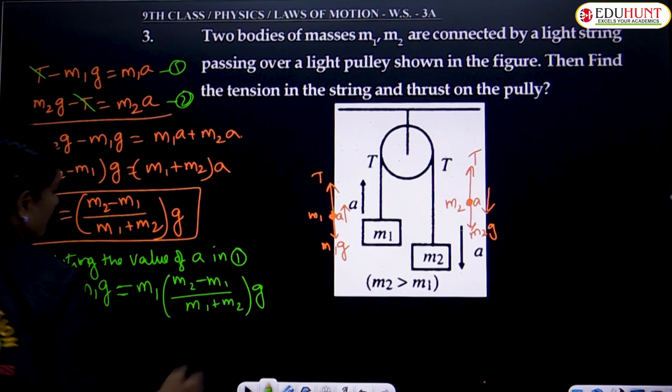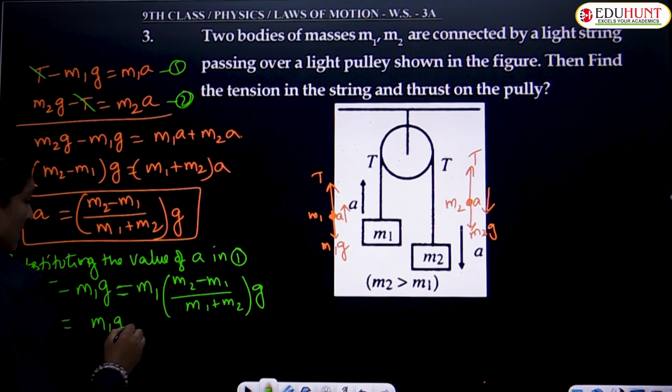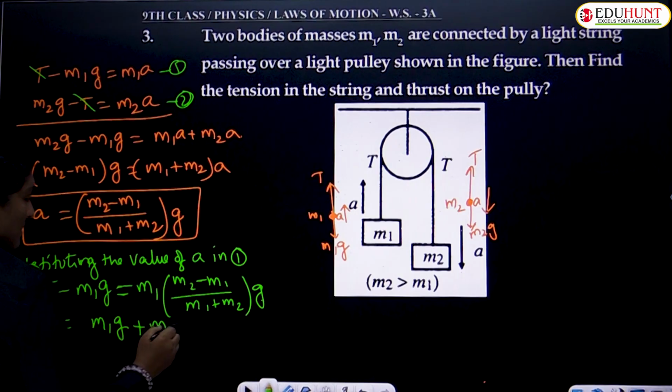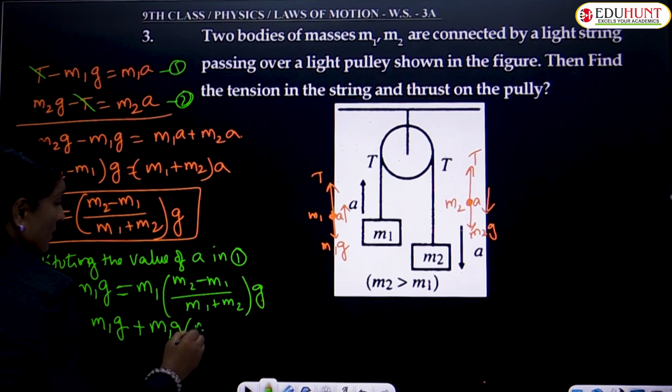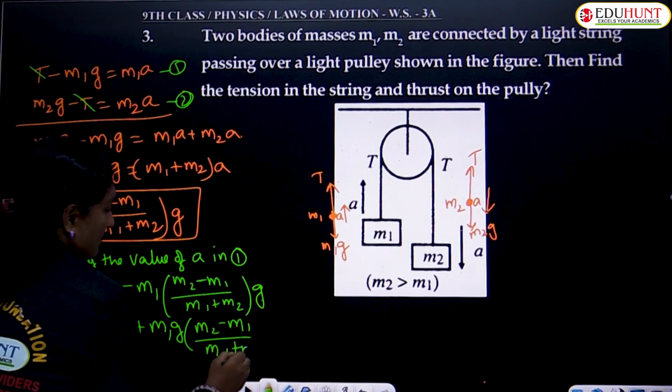You will get 2M1M2 by M1 plus M2. We have already solved this while explaining the concept. So T can be written as, carrying minus M1G to the other side, it becomes M1G plus M1G into (M2 minus M1) upon (M1 plus M2).